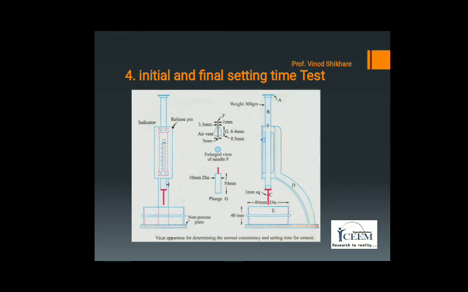The procedure is repeated until the needle fails to penetrate the cement paste in the block by about 5 mm measured from the bottom of the mold, that is, 35 mm from the top of the mold. The time thus recorded shall be the initial setting time of cement.